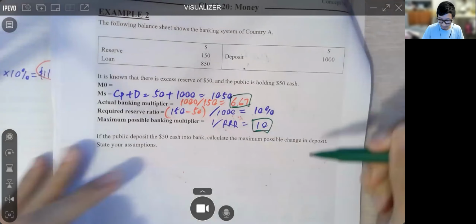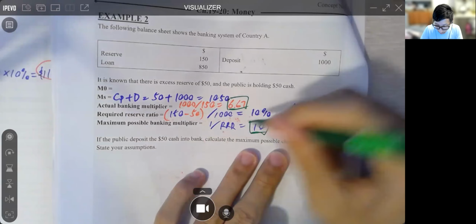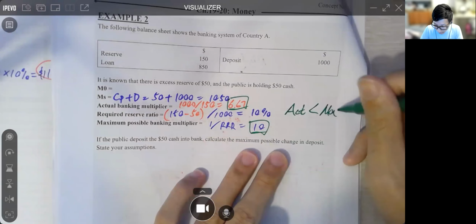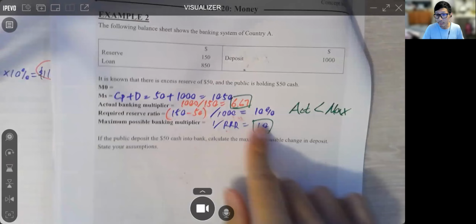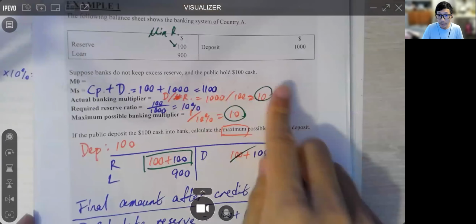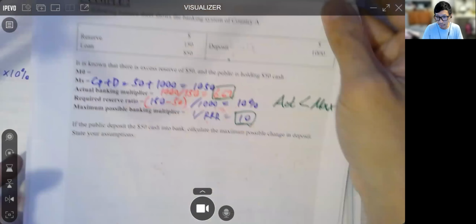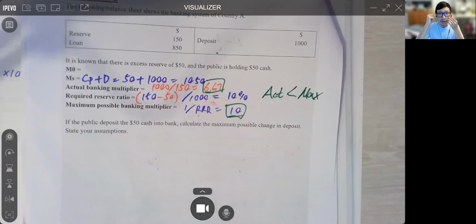6.67, 10. Do you see this time actual is smaller than the maximum? 點解今次唔同嘅？但係頭先嗰條又一樣嘅。The key as to why they are not the same is because one of the 3 assumptions for maximum deposit creation has been violated.